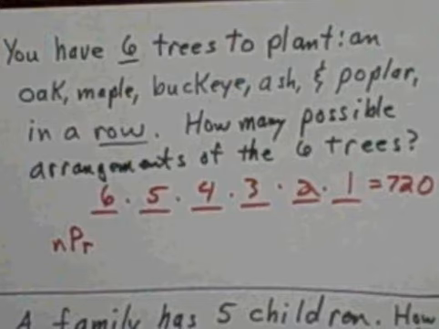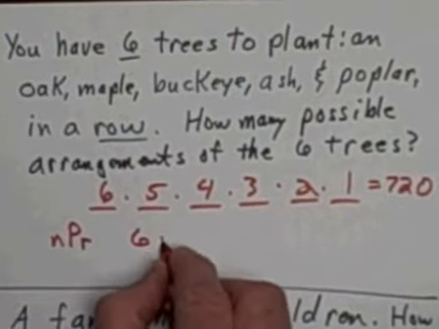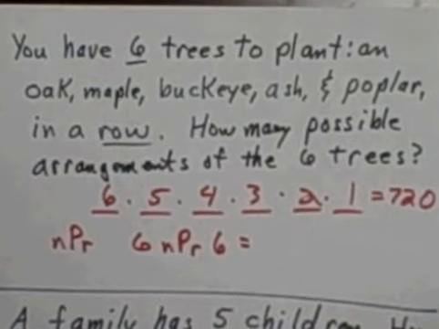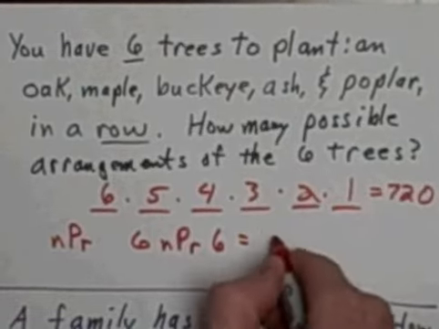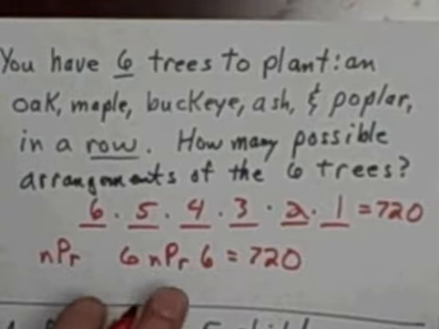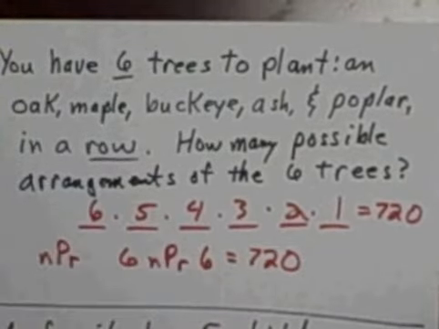So that is simply going to be 6 nPr 6. And if you enter that in your calculator, you'll find it gives you an answer of 720. So I don't care which way you do it, if you use your calculator or if you just understand it on paper, the answer in either case, there are, believe it or not, 720 different possible arrangements of those 6 trees.